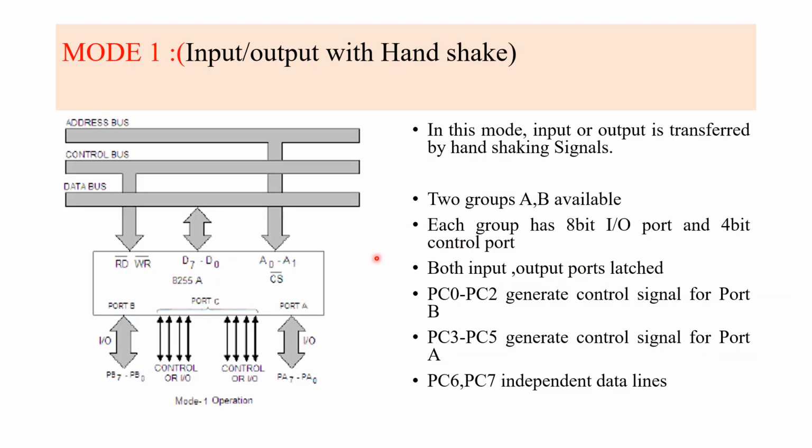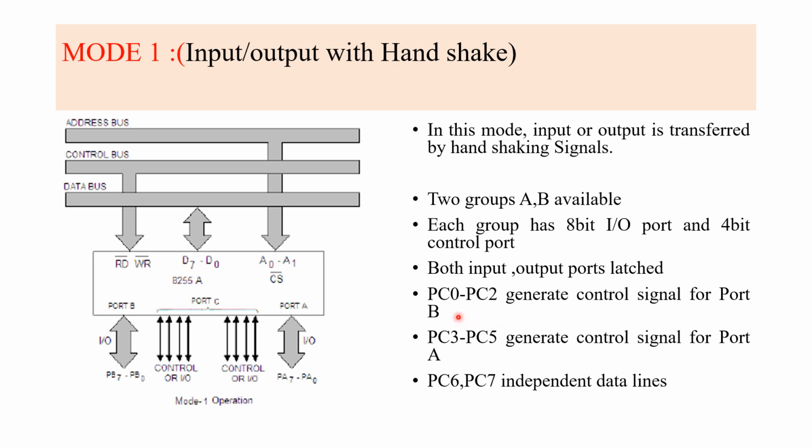This is the diagram. Here we have 8255. These are the connections from 8086 and these are the connections to different ports. So we have two groups, group A and group B. Port A and port C upper consist of group A, and port C lower and port B consist of group B. So port C is used for handshaking in this particular mode 1.